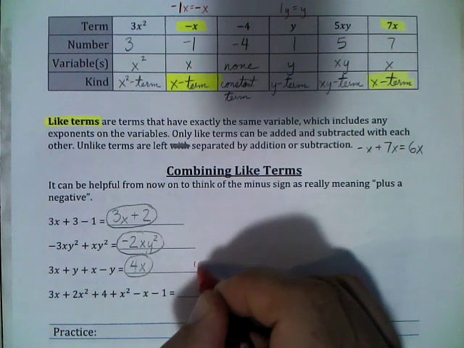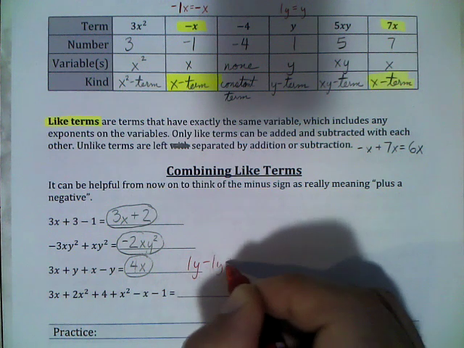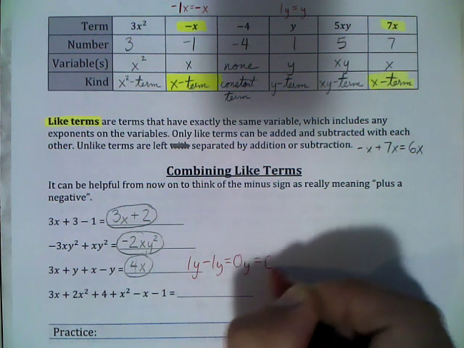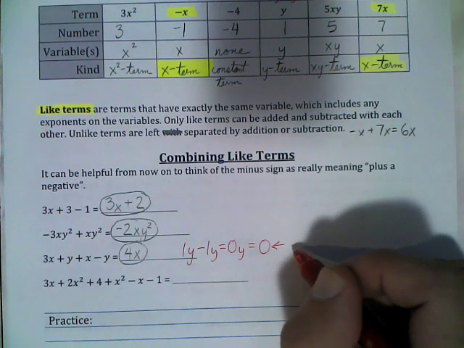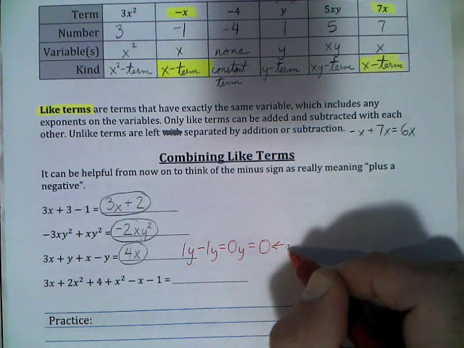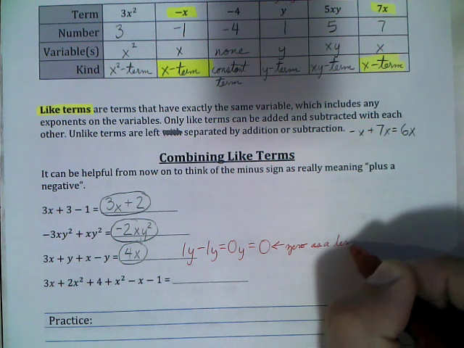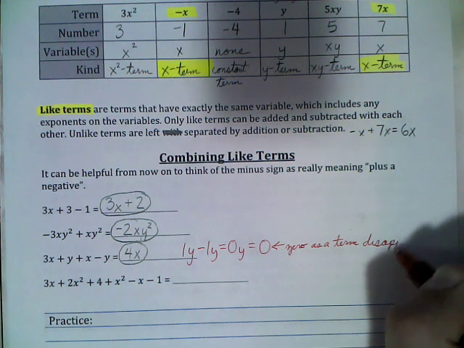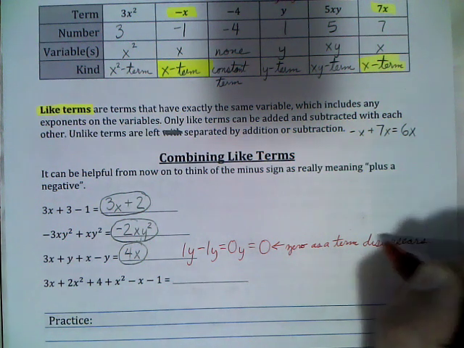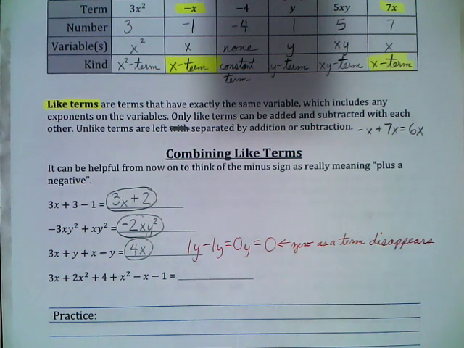So 1y minus 1y equals 0y equals 0. So 0 as a term disappears, which is why it's just 4x. So our y's disappear this time.